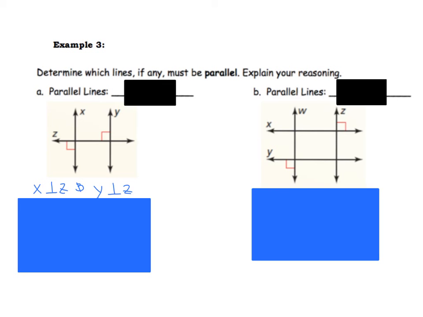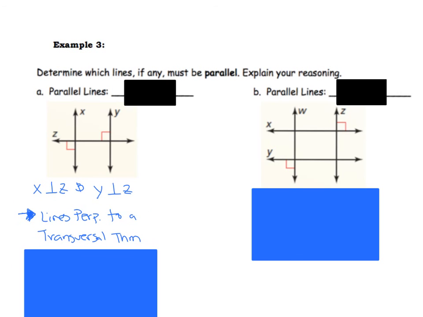And because line Z seems to be perpendicular to X and Y, that would lead me to believe that X would have to be parallel to Y because of the lines perpendicular to a transversal theorem.